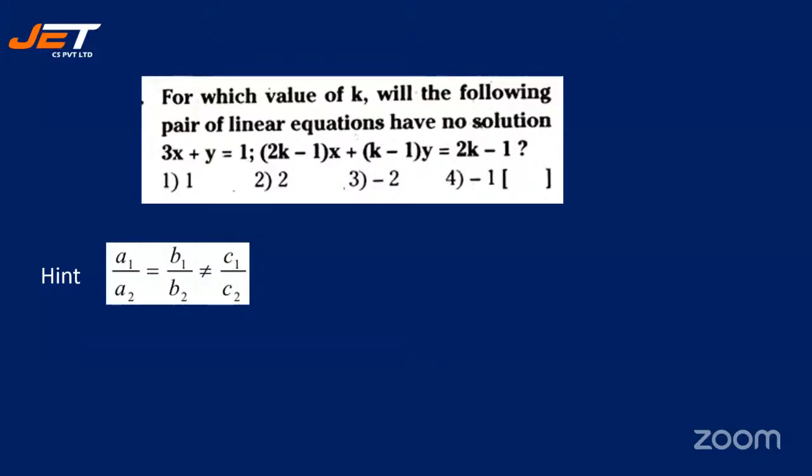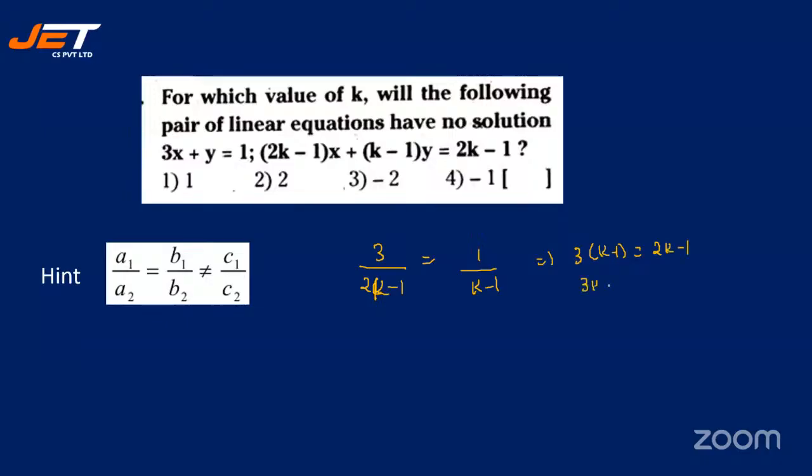So here it says a1 by a2 is equal to b1 by b2, isn't it? Right. So now let's cross multiply. 3 times (k minus 1) is equal to 2k minus 1.